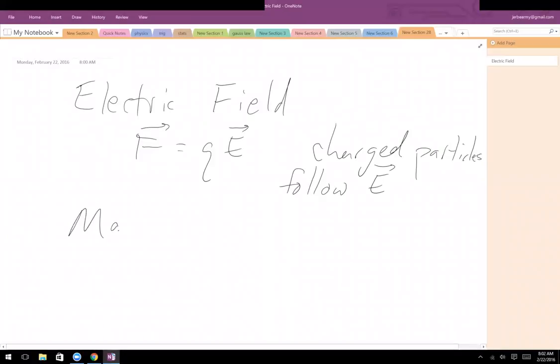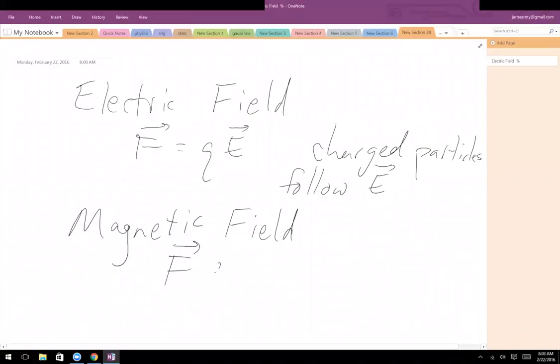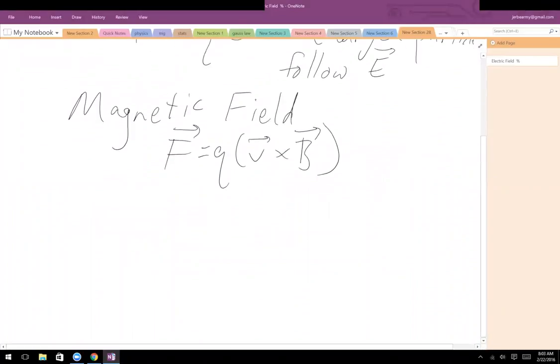But for magnetic fields, it's completely different and it's weird. For magnetic fields, you've got F is Q times V cross B. So the force is always perpendicular to the magnetic field, and it's also perpendicular to whatever the velocity of the particle is.